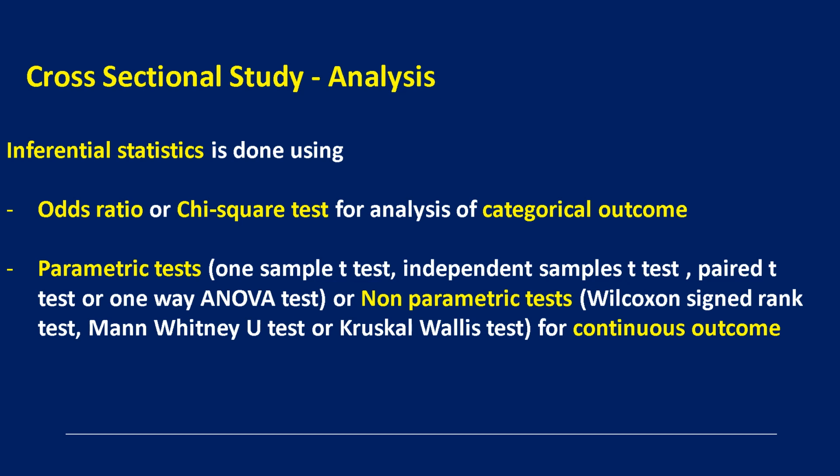Mann-Whitney U-test can be applied as an alternative to independent sample t-test. Kruskal-Wallis test can be applied as an alternative to one-way ANOVA test. These non-parametric tests are applied when data is not normally distributed.